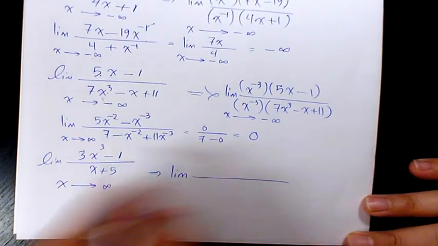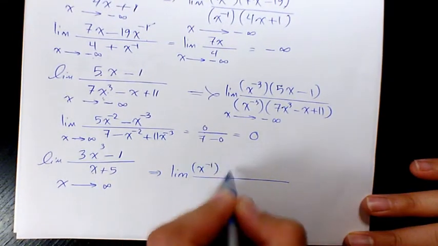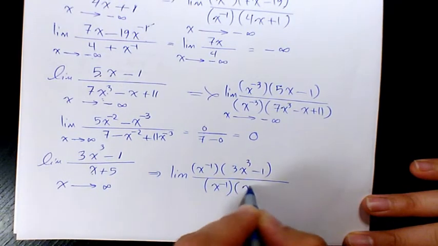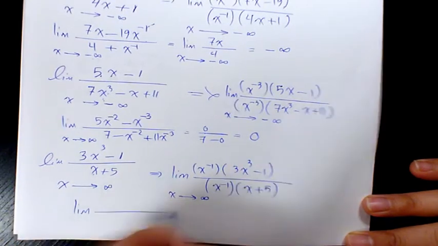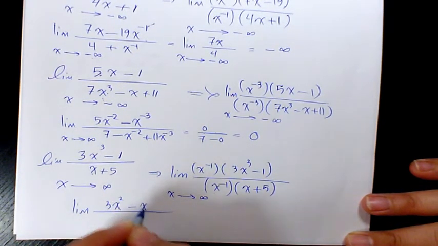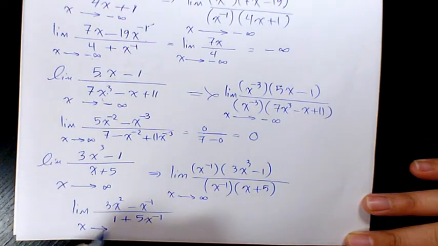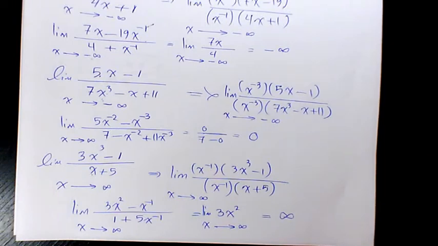When you multiply both numerator and denominator by x to the power of negative 1, that's going to be the limit of 3x squared minus x to the power of negative 1 over 1 plus 5x to the power of negative 1 when x is approaching infinity. Now this part and this part are going to be 0. We have 3x squared. The limit of 3x squared when x is approaching infinity is going to be infinity.